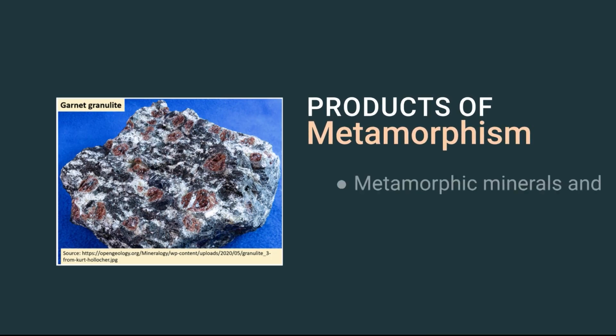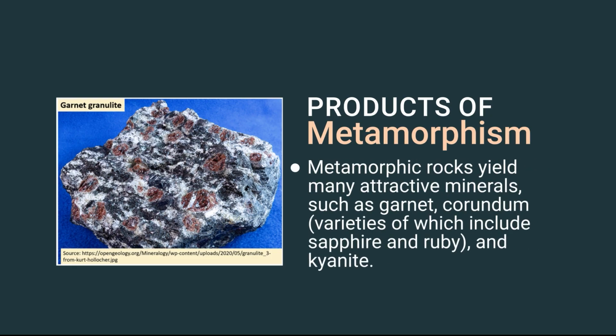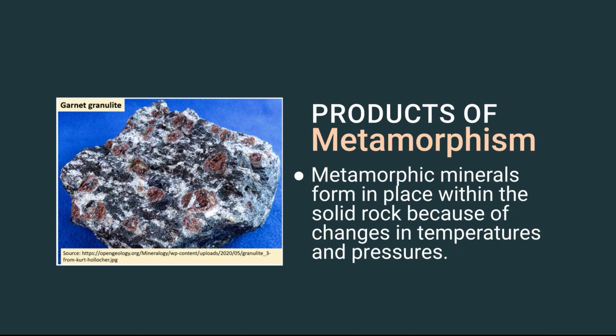Now, there are different products of metamorphism, and these products of metamorphism are metamorphic minerals and metamorphic rocks. Metamorphic rocks can yield attractive minerals, for example, garnet, corundum, varieties of which include sapphire and ruby, kyanite, all these things are there. And metamorphic minerals form in place within a solid rock because of changes in temperature and pressure.